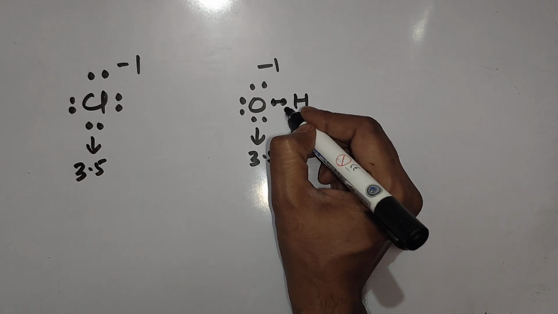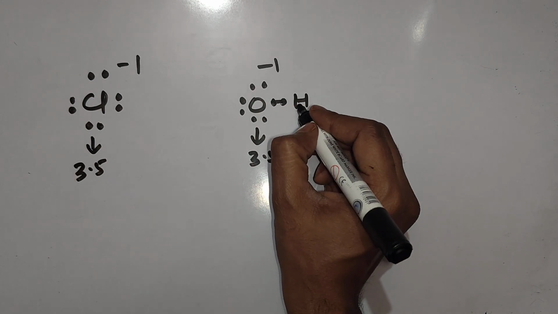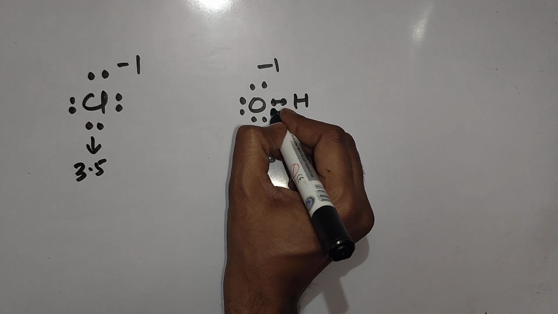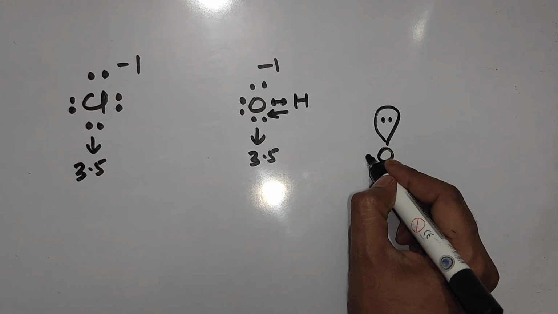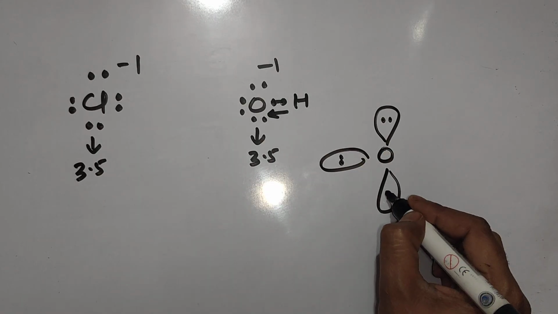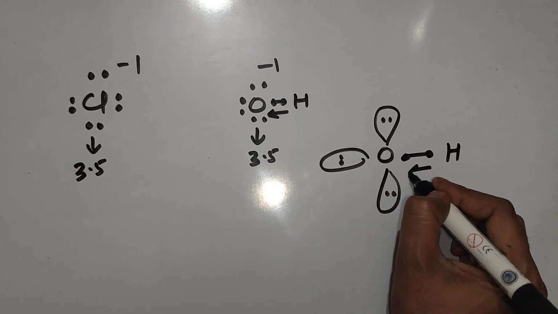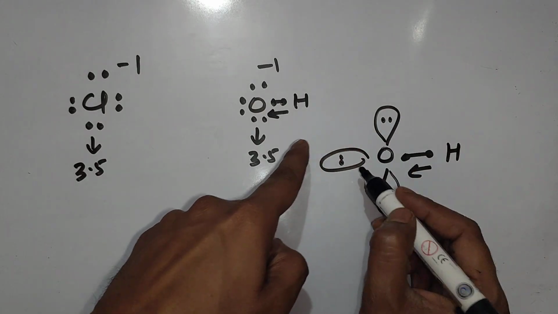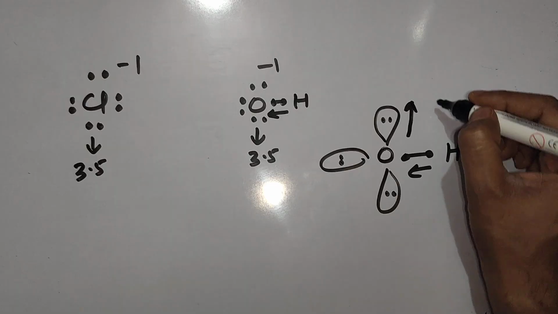With this oxygen, hydrogen is attached. Now, as hydrogen is less electronegative than oxygen, these electrons are going toward oxygen, due to which the lone pairs already present on oxygen feel a little bit of repulsion. These electrons are coming toward oxygen, so these lone pairs feel repulsion and move a little bit up.